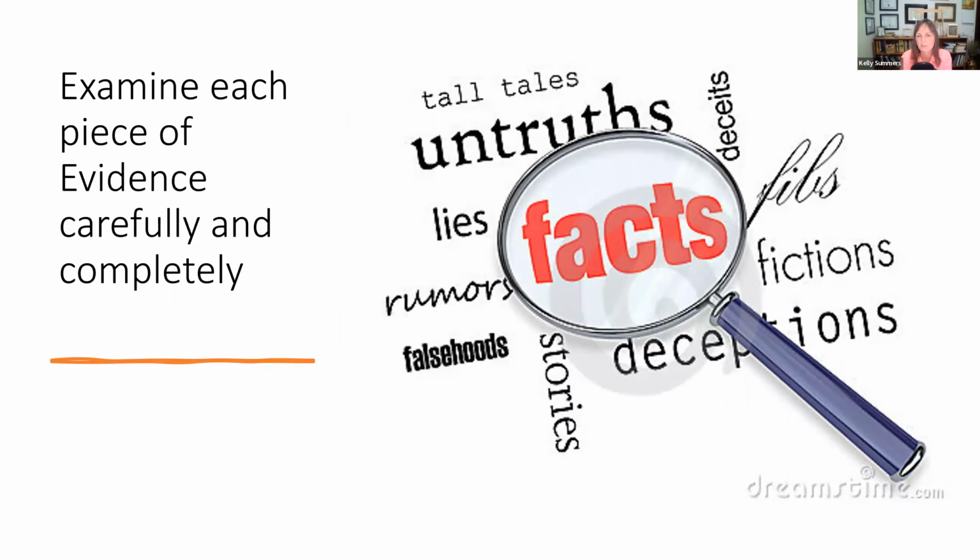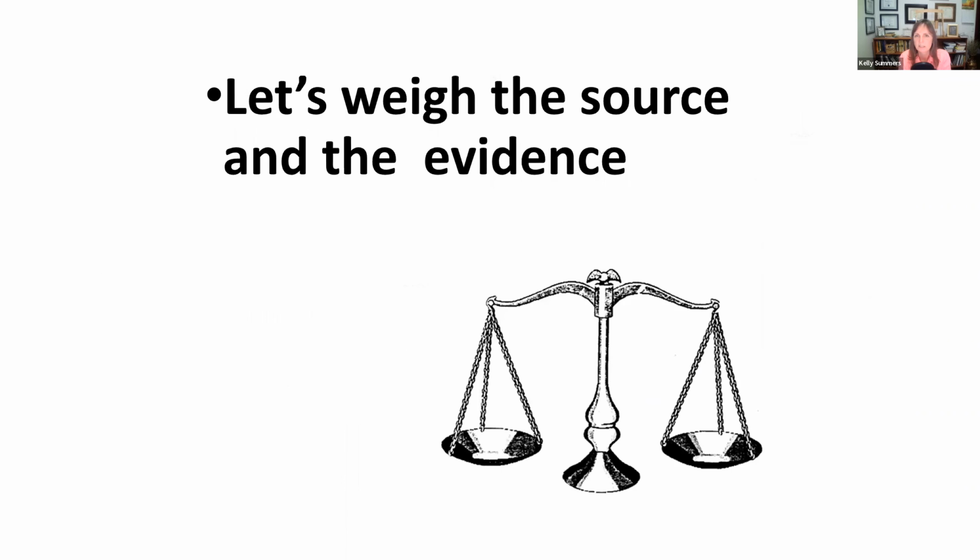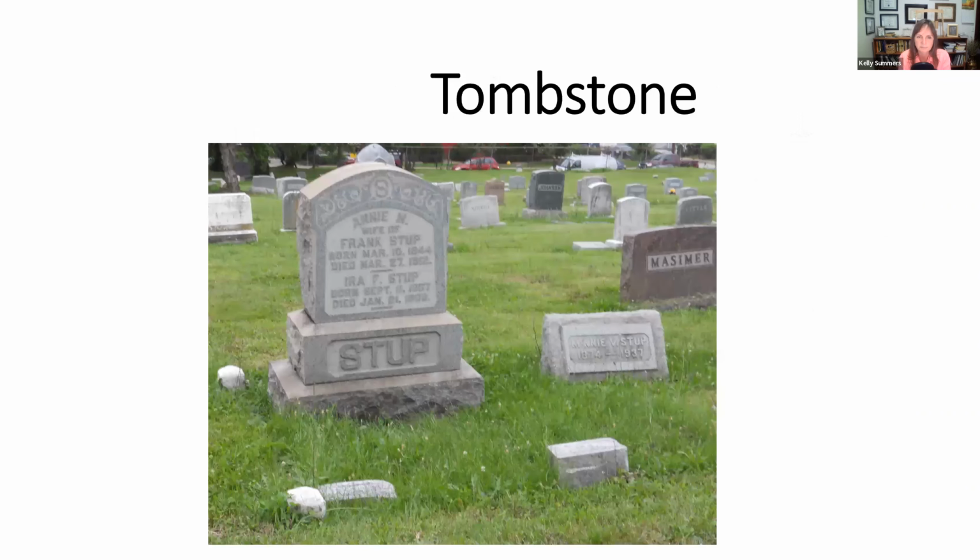Okay, we need to examine carefully each piece of evidence. Let's go ahead and look at some examples now. Here we have a tombstone. So if we think about evaluating evidence, we want to talk about the thing that we can touch. In this case, it would be the tombstone.